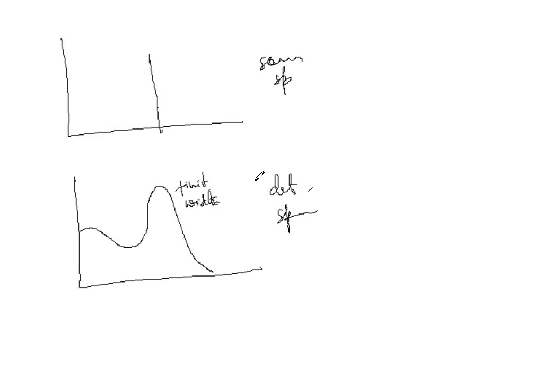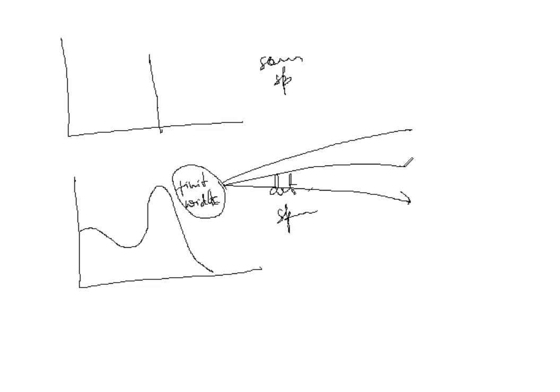Now as I was telling you, what are the various reasons of this finite width? There are in fact three very important reasons for the finite width. Number one, statistical fluctuation. Statistical fluctuation in the number of charge carriers produced in detector.